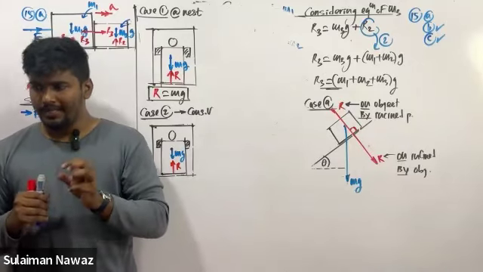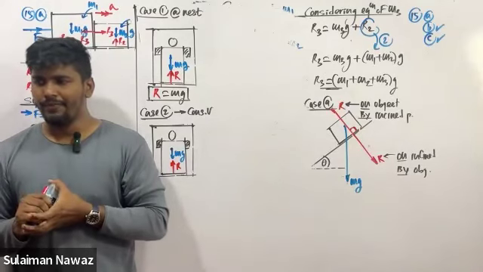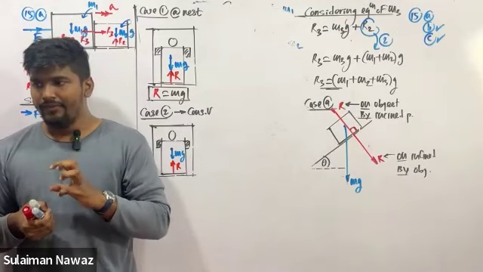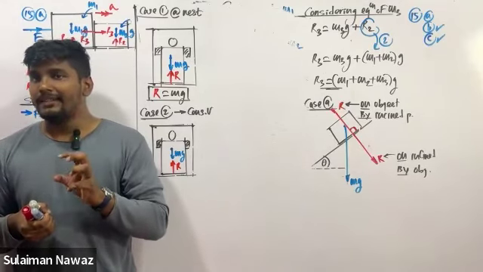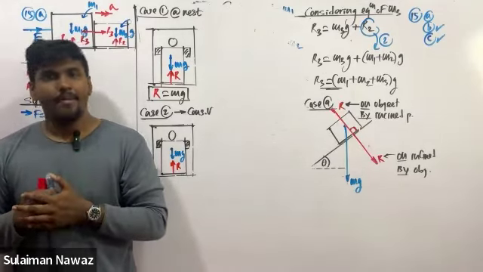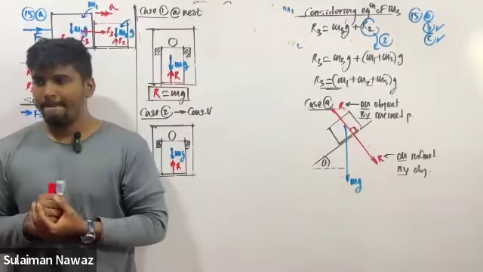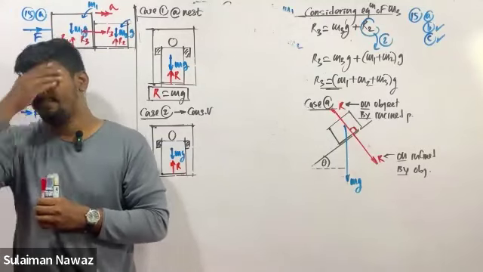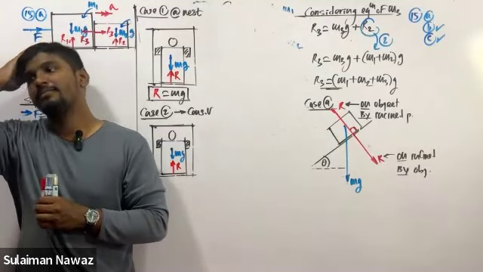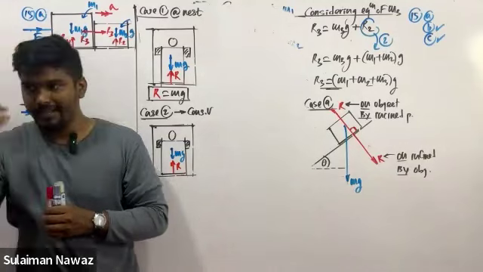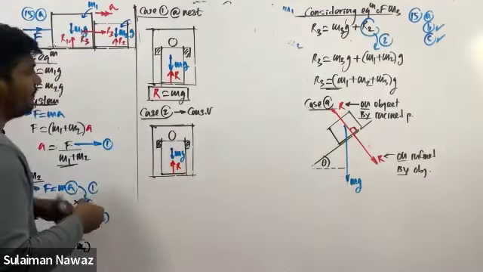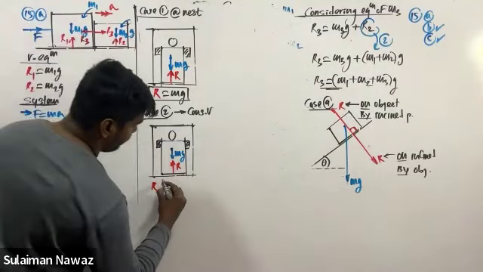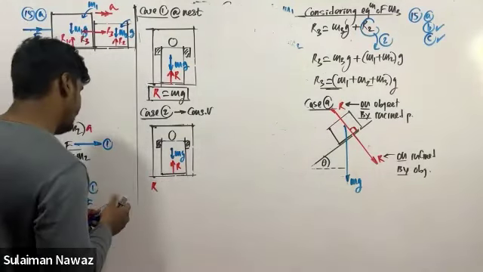Therefore, resultant force acting on the man must be 0. And then again write R equals mg.